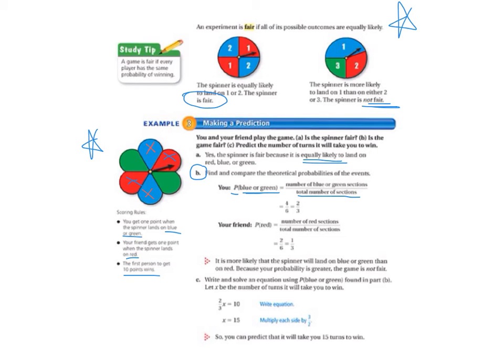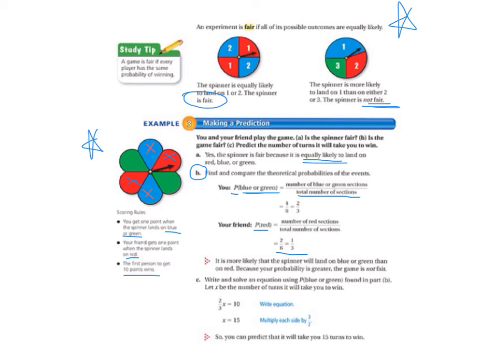So that equals 2/3. And your friend just has a probability of landing on red, and so the number of red sections over the total number of sections equals 2/6, which equals 1/3.